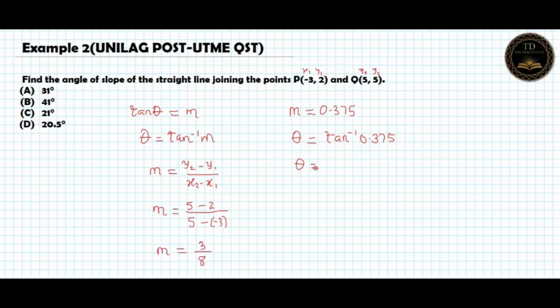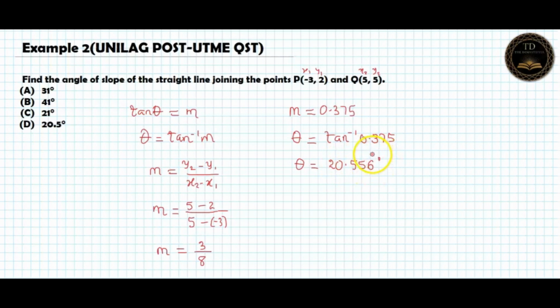So the tan inverse of 0.375 is 20.556 degrees, according to my calculator.